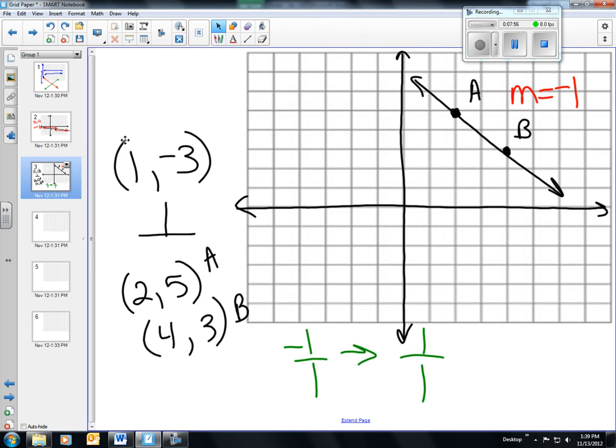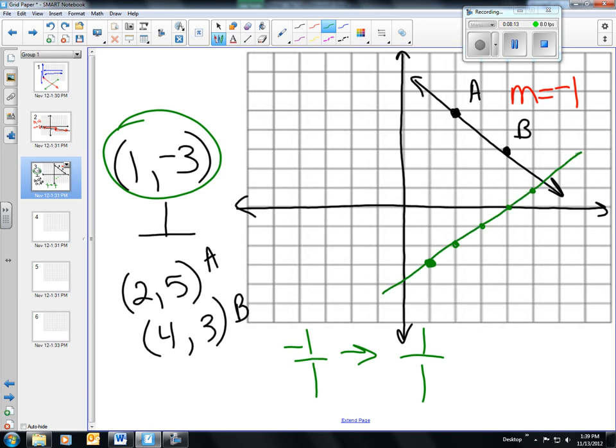But it has to go through the point 1, negative 3. So we have the point 1, negative 3, which would be here. And then we use our positive 1 slope to just simply start putting dots. Okay? And that would be our line that is going to be perpendicular through that point to the given line already.